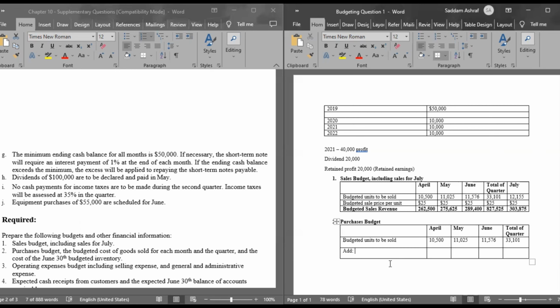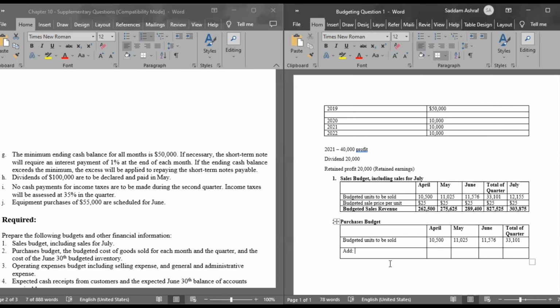Because the retail business is just purchasing goods from a wholesale supplier and selling them to your customers. Therefore, when we prepare the purchases budget, it will always be based on sales. If you're selling a very small quantity, then you purchase a small quantity. But if you are selling a huge quantity of units, then you also have to purchase that quantity from your supplier. So these two are generally interconnected with each other.